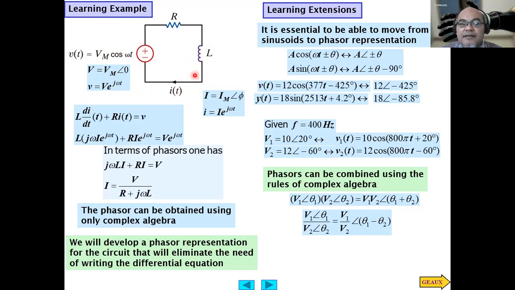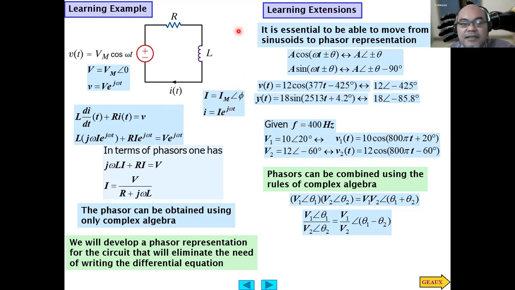The current I is expressed as I capital equals Im with the phase angle of phi, while the small current signal is this I multiplied by the frequency component, exponent j omega t.